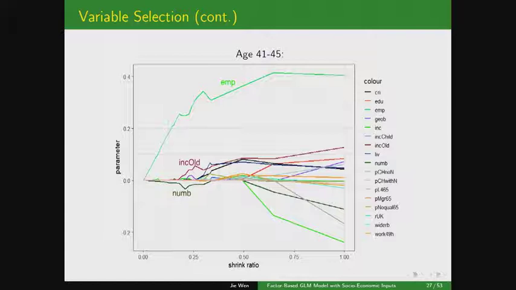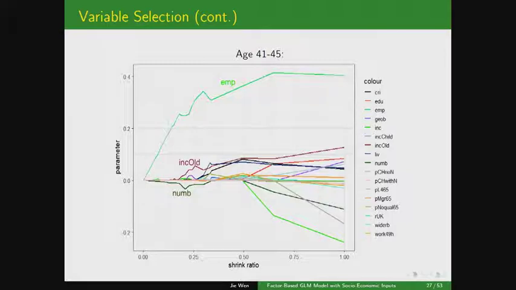For this age group, we see the IMD employment deprivation score is the most outstanding one. Then from the other side of the x-axis, we have the number of bedrooms. And if we jump back to the positive side, we have the income old score here as well. These three variables are most outstanding over this age group, 41 to 45.